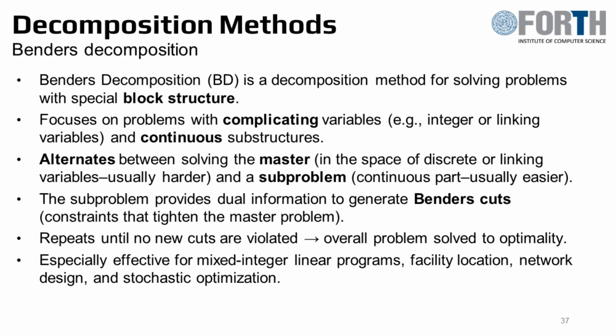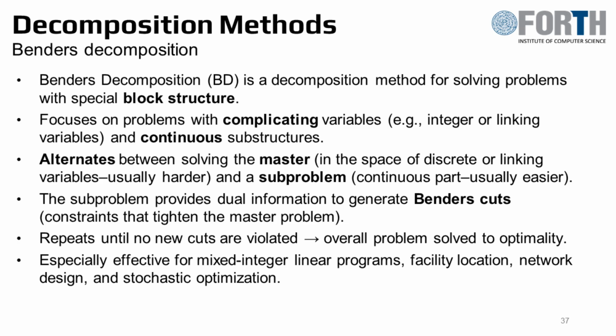From this information, we derive constraints, called Benders cuts, which are added to the master problem for tightening it. So in contrast to column generation, which dynamically adds variables, Benders decomposition dynamically adds constraints. This process is repeated until no new cuts are violated, so the overall problem has been solved to optimality.